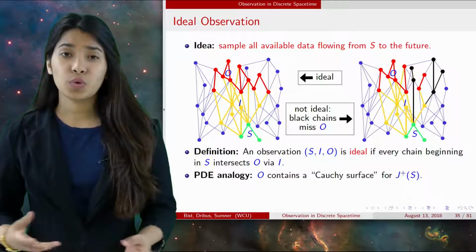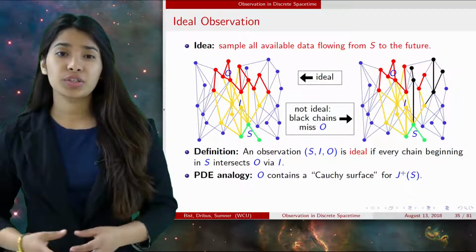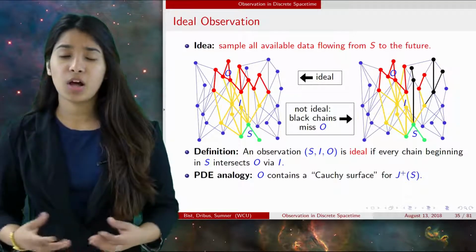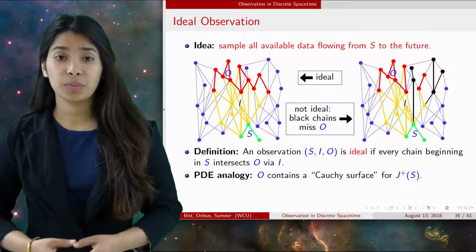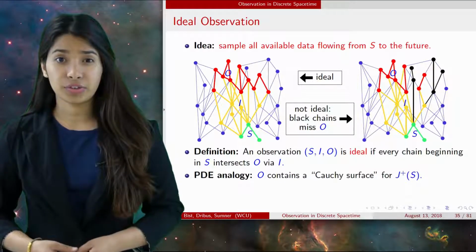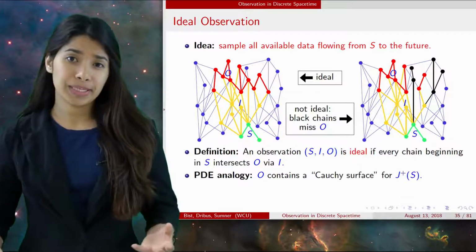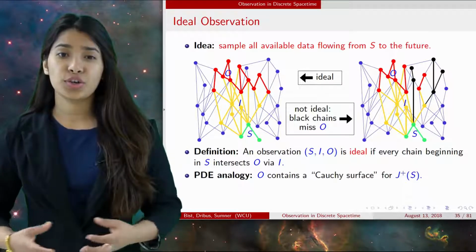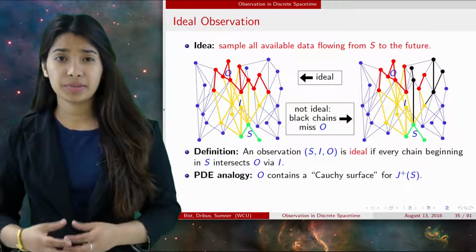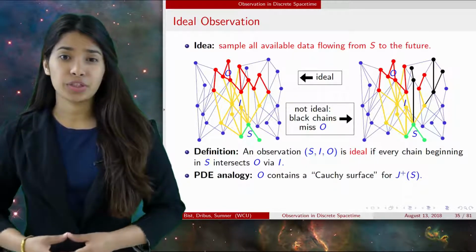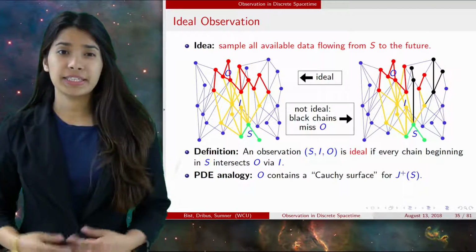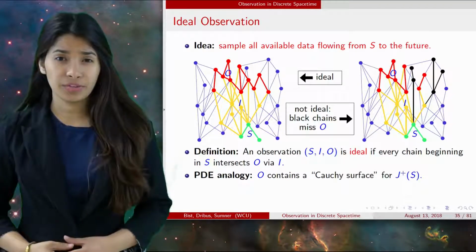The existence of a Cauchy surface enables a solution of an initial value problem, in which one may solve for the values of certain information throughout the spacetime given the values on the surface. An ideal observer plays a similar role. Structurally, such an observer contains a complete impermeable section of the future of S which intercepts all the information flow. We return to this idea on the next slide after making a couple of remarks.